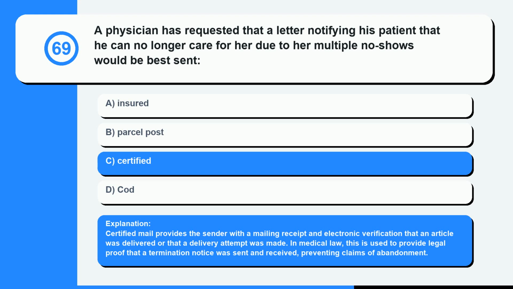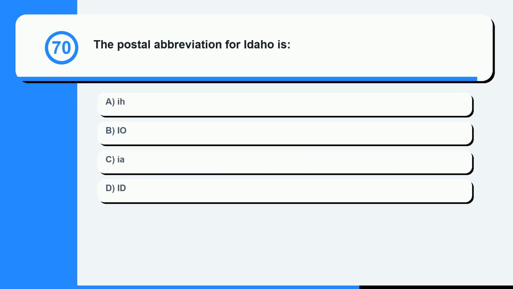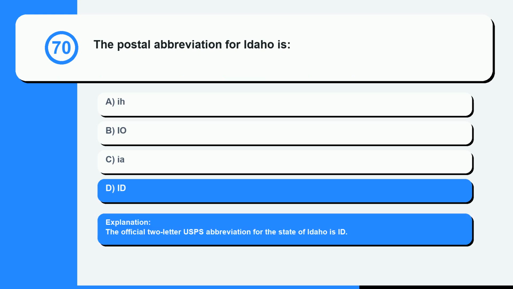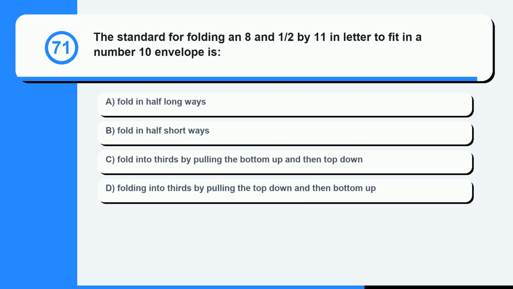Or D. Mr. Jones, I'm sure we can fix this issue very quickly. The correct answer is A. The goal when dealing with an angry patient is to de-escalate the situation. Acknowledging their feelings, showing empathy, and offering a solution without being defensive or confrontational is the most professional approach.